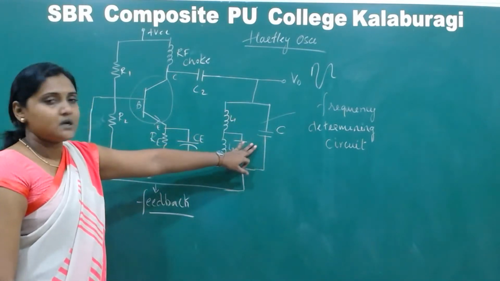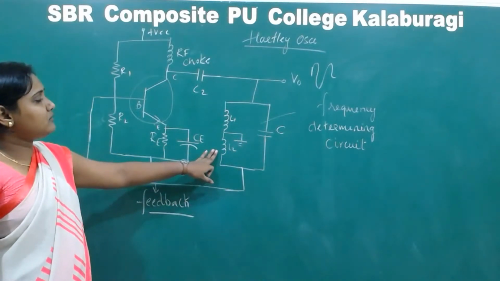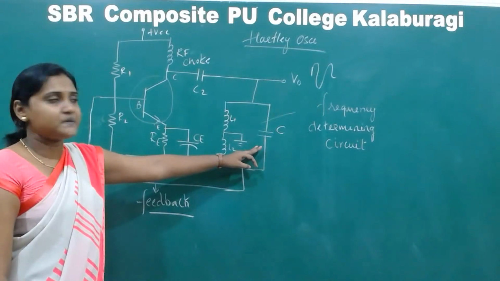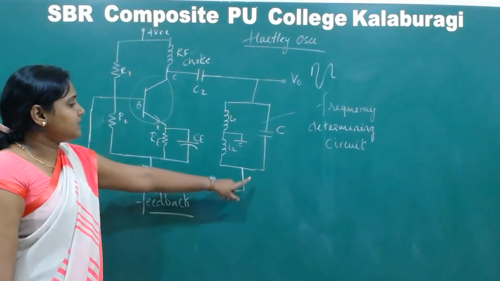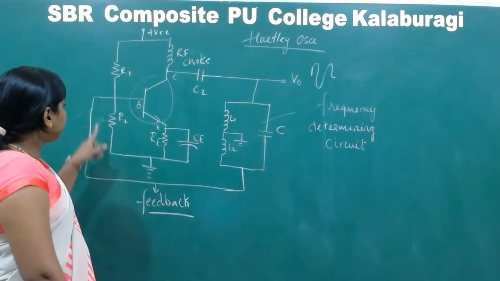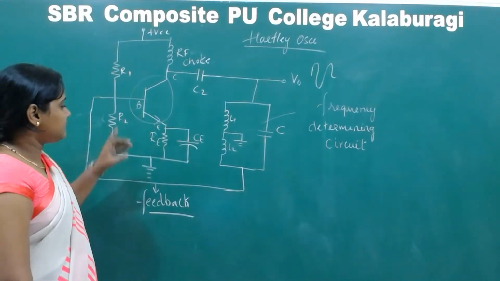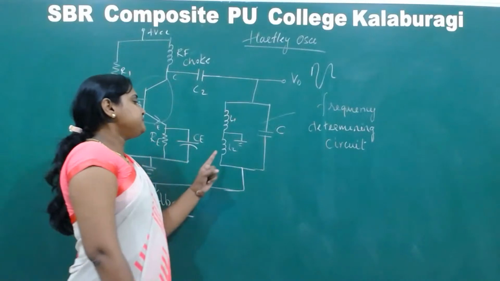The capacitor charges to a very small voltage and discharges through the inductor. That tank circuit process happens here, creating an output of the tank circuit, which is fed back to the base of the CE amplifier. Okay, clear?